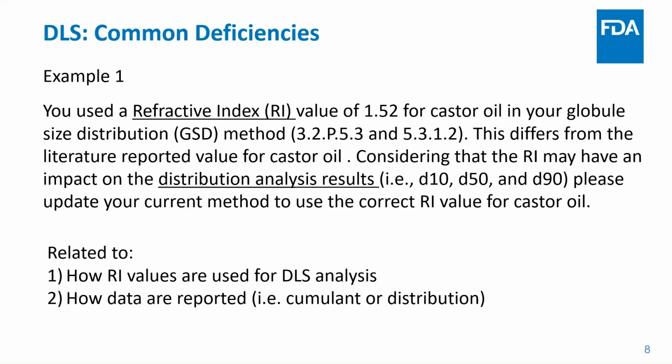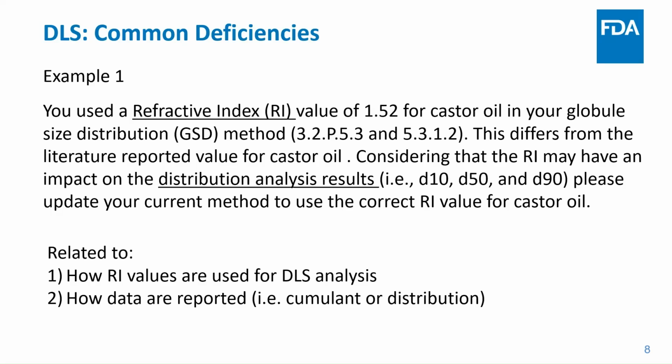Rather, they are using D10, D50, and D90. So what is D10, D50, D90? If you remember for the DLS, those are distribution analysis. And distribution analysis does not assume a monomodal distribution. Also, distribution analysis utilizes complex regularizer settings, etc. And we also don't know whether they are reporting intensity, volume, or number, right?